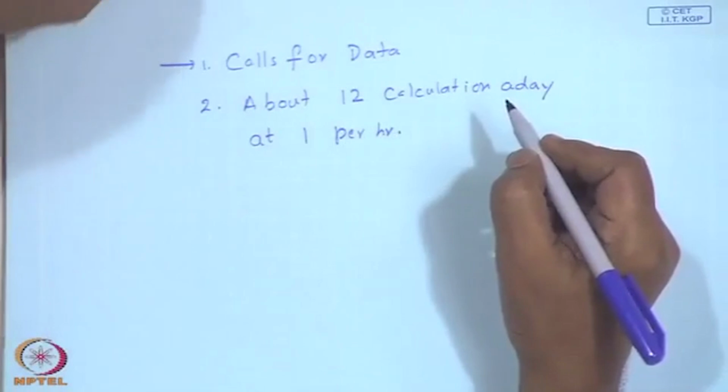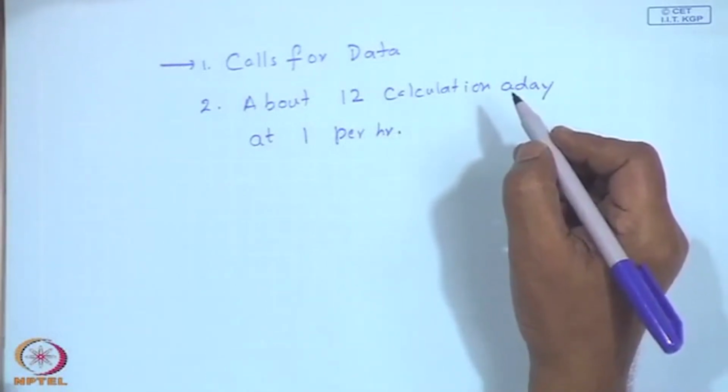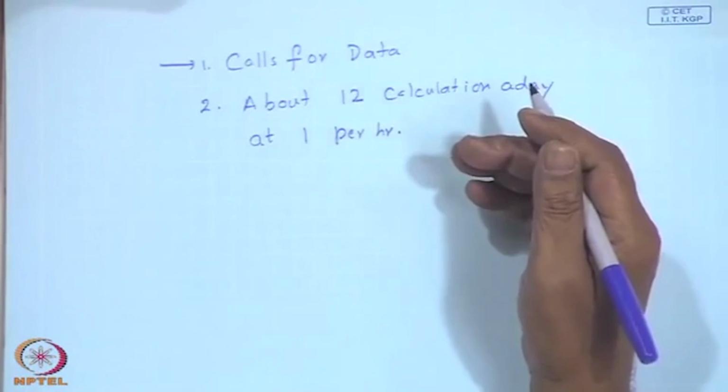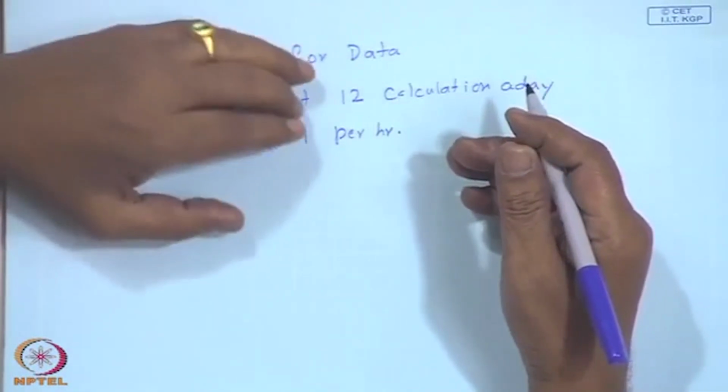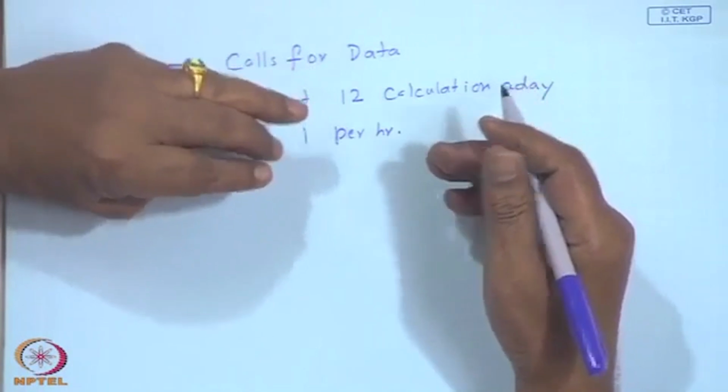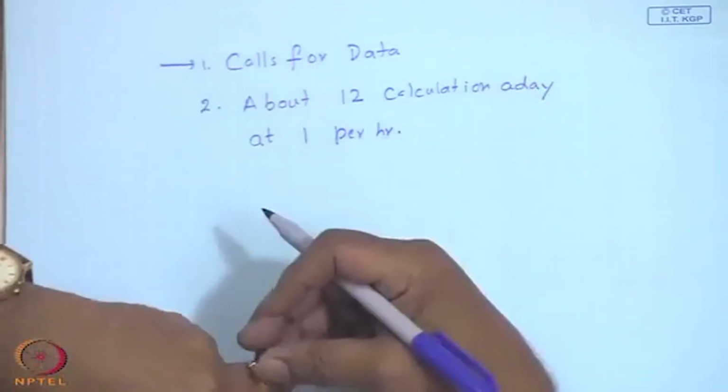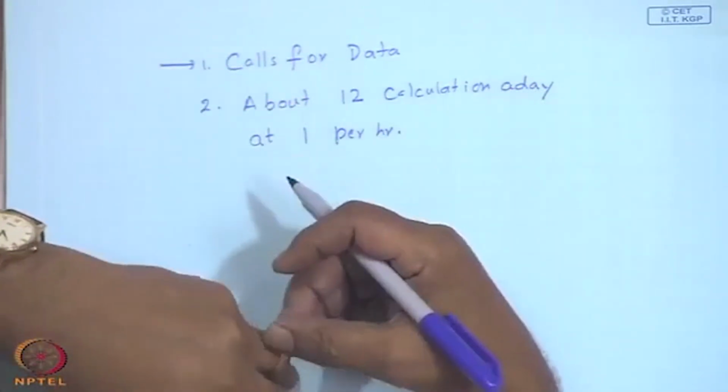All the days may not exactly have 12 hours, but about that on a yearly basis this average is okay. So, this is a cumbersome process, and if you want to calculate for the month, you need to calculate for 12 into 30 days. For the year, it will be even more, multiplied by 365. So, how to solve this problem?